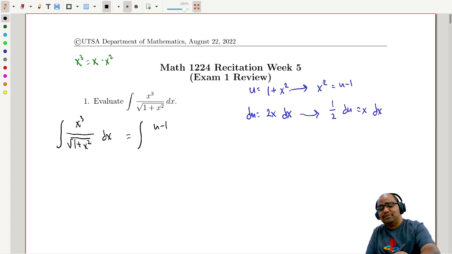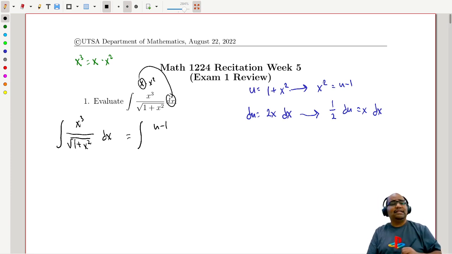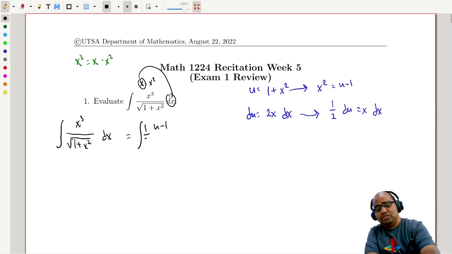Okay, the x dx will combine. So if we notice there, x and x squared, we have x dx. x dx form our du earmuffs, okay? So x dx are our du earmuffs, that's 1/2 du. So let's just go ahead and write the 1/2 there. And then u minus 1 over the square root of u du.